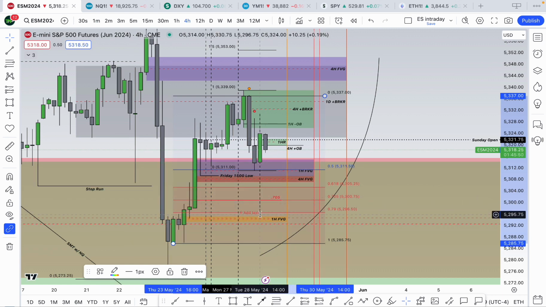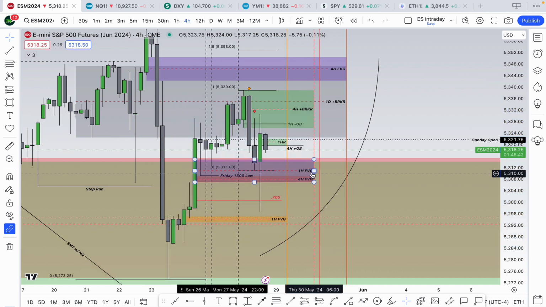Stab past it, almost down to the 0.79, and then look at the reaction back in price. We also traded into an hourly fair value gap, a 4 hour fair value gap. We took some liquidity from Friday's PM session, and look how we closed above it, right? That's always a good sign, getting it moved back in this direction.